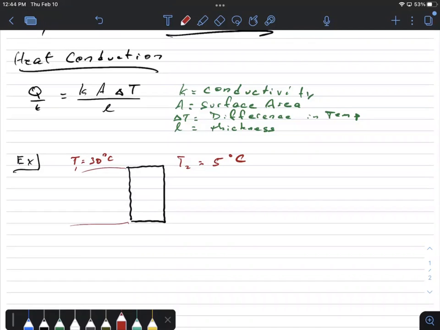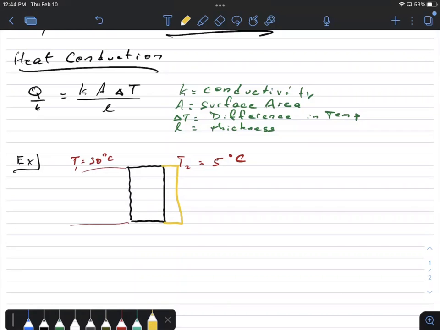Well, what if this time we have a second piece of material over here, so that now it's a two-layer system? Maybe it's like a wall and some insulation, or drapes and a window, or something like that.